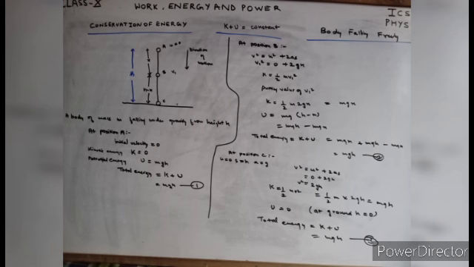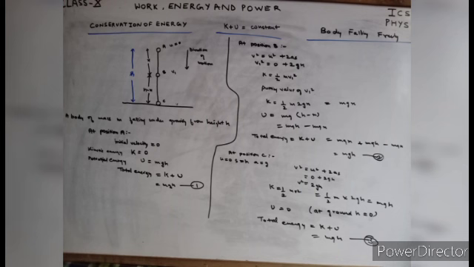Now K equals half m v squared, putting the value of v squared, K equals mgh. Now the potential energy will be 0. Why? Because U equals mgh and the value of h at the ground is 0, so U will be 0. Again the total energy, K plus U, equals mgh.